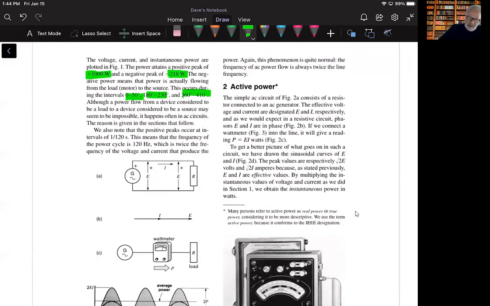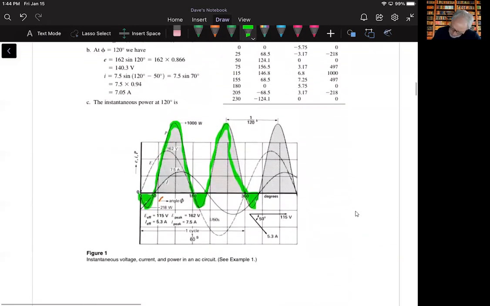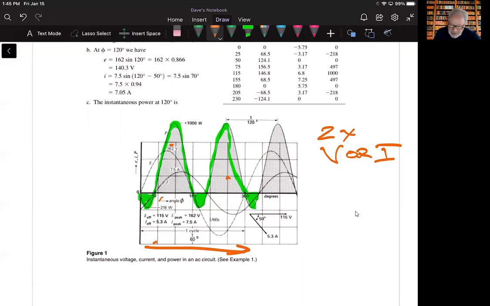And then again, the power curve will always be 2 times the frequency of the voltage or current. All right, and we see that here over 360 degrees.